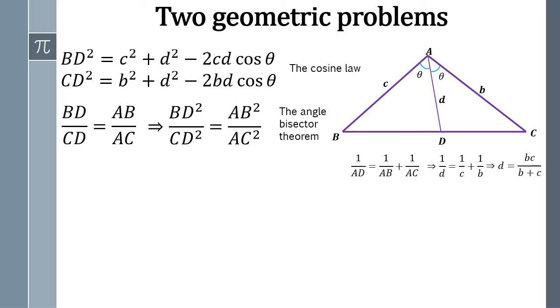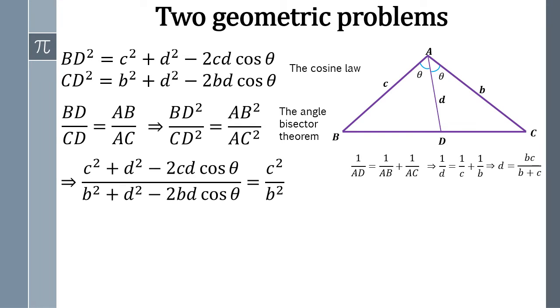In this equation, we can plug in the expressions of BD squared and CD squared, and also AB equals C, AC equals B. Then this equation can be written in this new format.